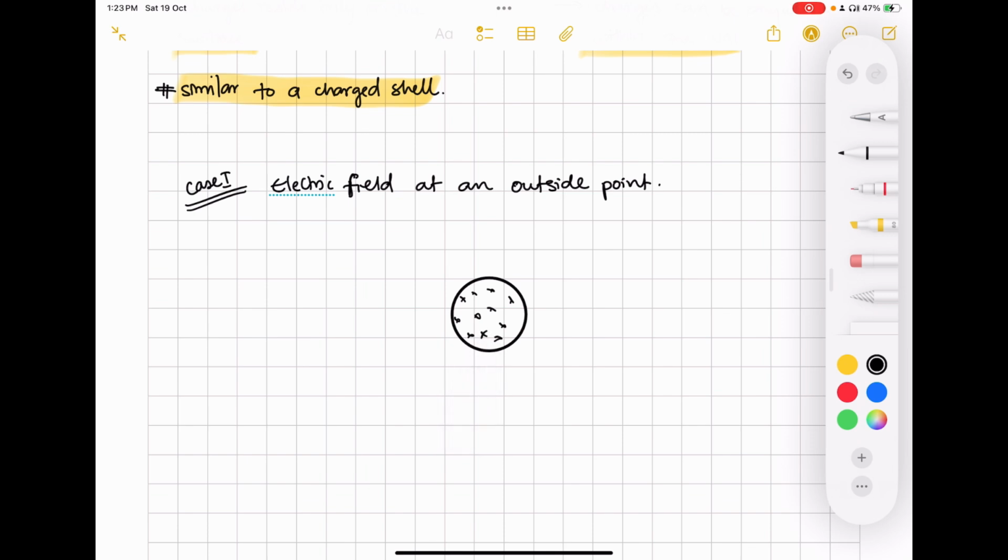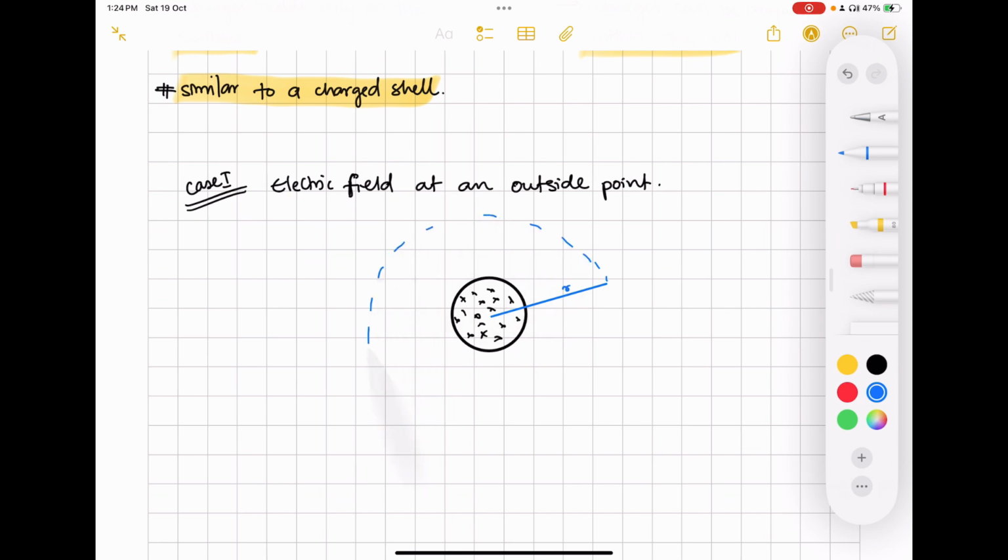For a shell, the charges will be only on the surface, but for a non-conducting sphere, charges will be inside the sphere. So we need to find the electric field at a point r distance from the center.